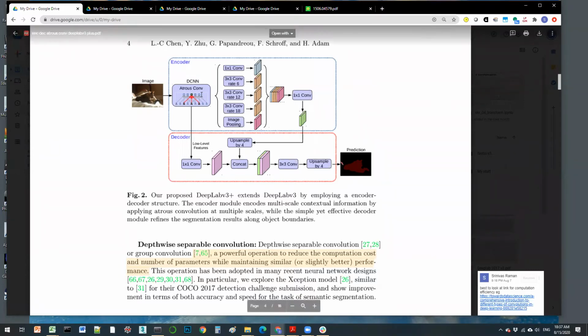Now, the decoder takes one of its inputs from the output of this atrous convolution block before I think all these things are done to it.